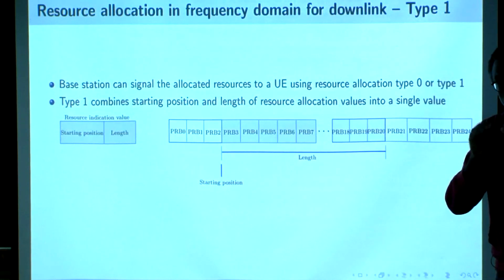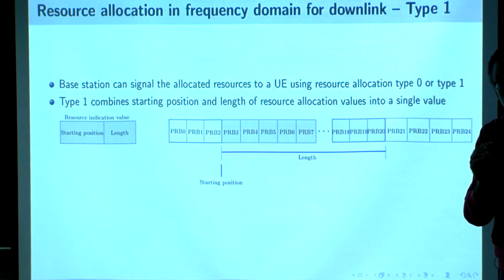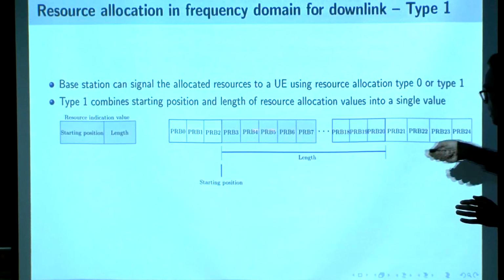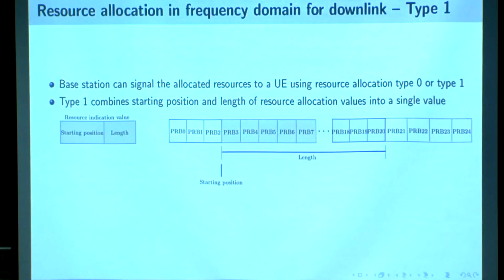As I said, the frequency domain field was variable. It was not 4 bits, so there is no such table defined for the frequency domain. This kind of allocation can only schedule contiguous PRBs in the frequency domain. So let's say 20 PRBs, 50 PRBs, but contiguous.